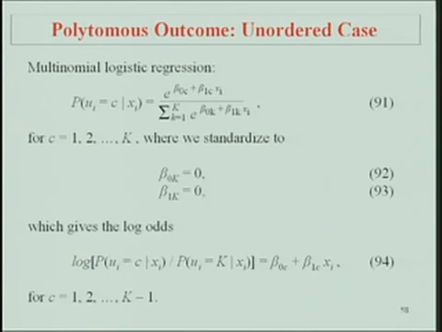That odds, taking the log of that, is still linear in beta 0 plus beta 1x. So you can still talk about log odds and therefore talk about odds and odds ratios in this case. But you have to refer to reference class k here.